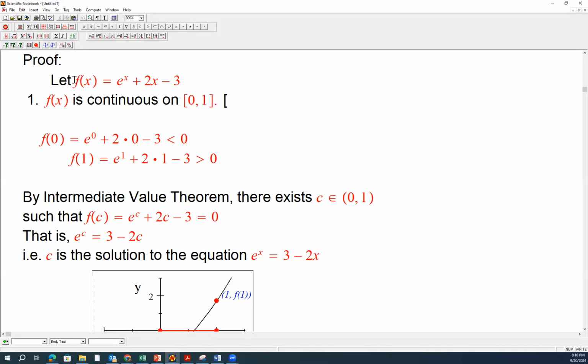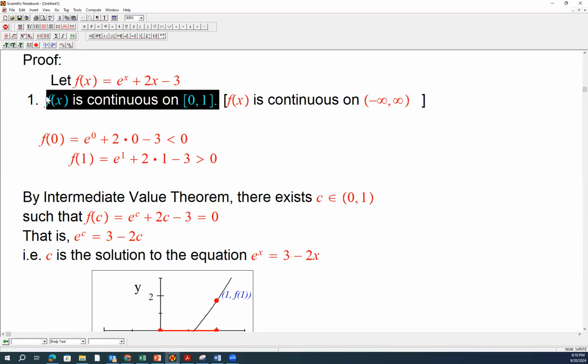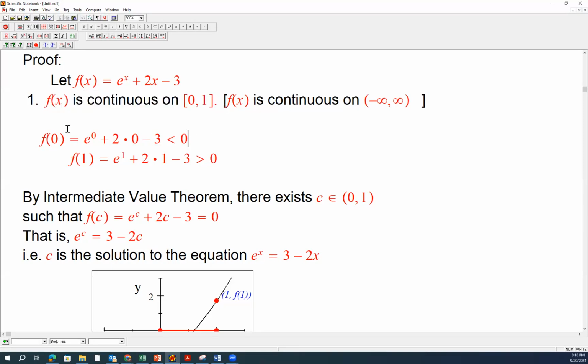So you can say f of x is continuous on the entire number line, and of course it is continuous on this closed interval. It is sufficient just to say that.